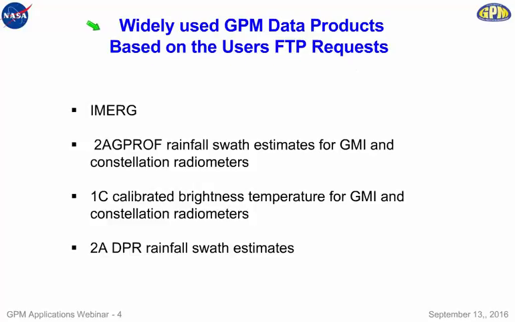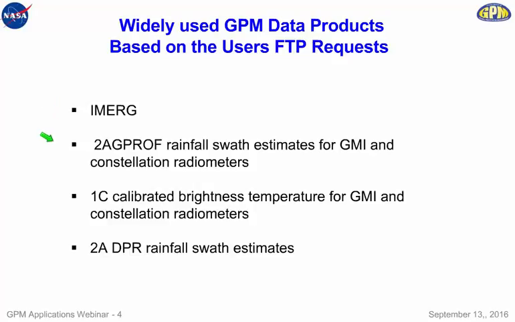GPM data user and FTP requests are recorded, and based on that, IMERG is the most requested product, not surprisingly, because it is uniformly gridded at 1/10 degree. Also, it's available every half-hour interval. It combines all the satellite constellations with the core, so that has been the most used for applications.